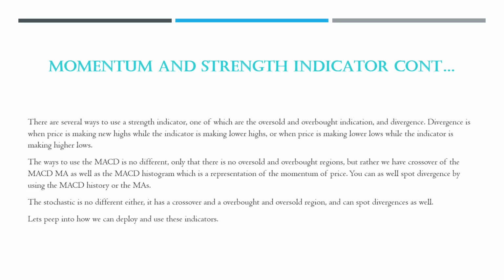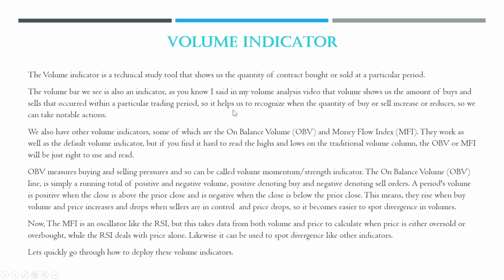So that is why I have to split these videos indicator by indicator, which the first one was the moving average, the second one was the RSI, the third one was the MACD and stochastics, and now we are proceeding to the volume indicators.